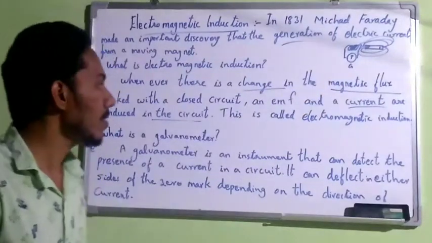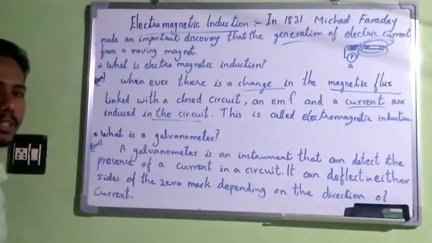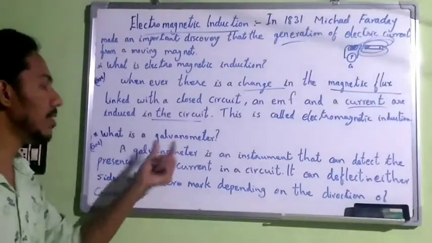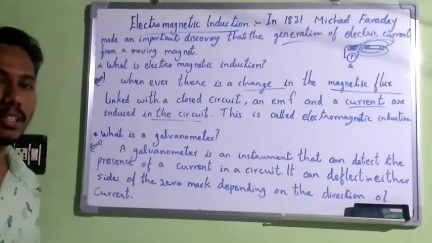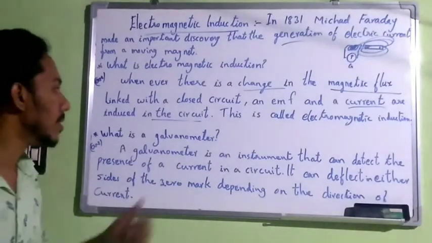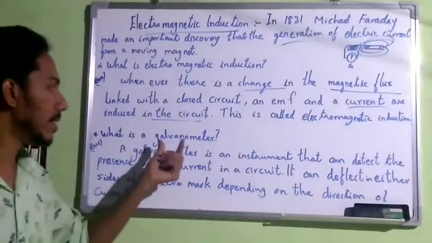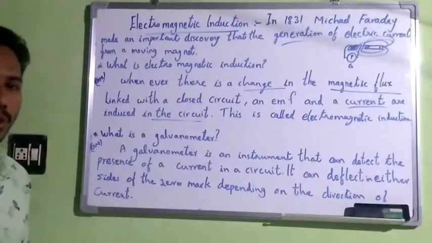Then what is a galvanometer? It is a device used to measure electric current, and it can detect negative current and also positive current.